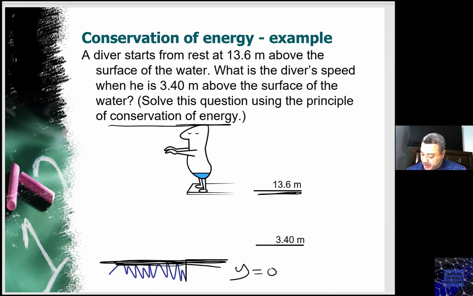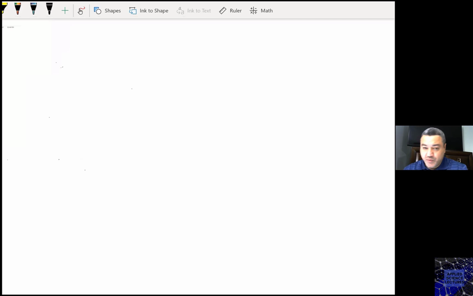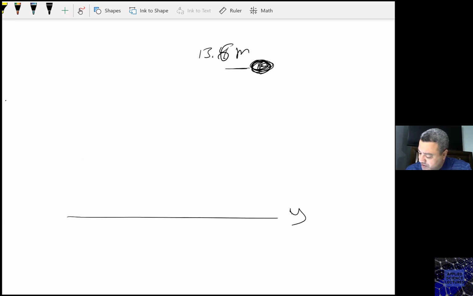So in this case, we have the diver at 13.6 meters above the surface of the water, which is my reference, y equals 0.